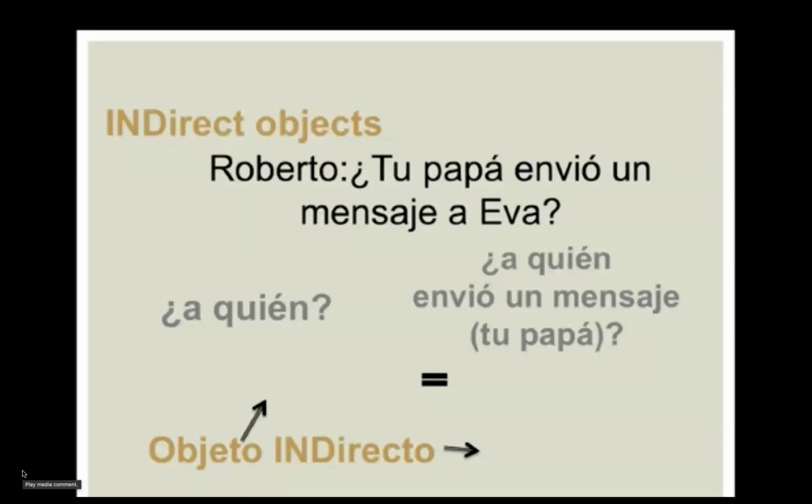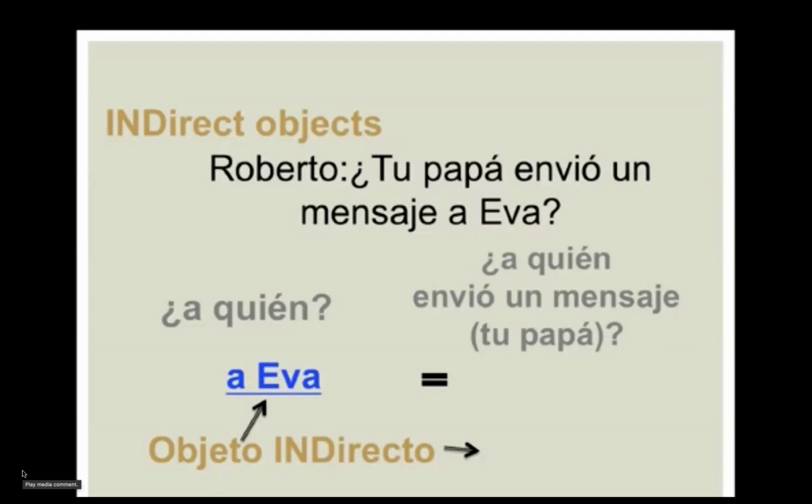If you have an embedded answer to this question in your sentence, then you have an indirect object. In this case, we do. The answer to who did your dad send a message to is Eva, thus being Eva the indirect object. That said, let's look for a pronoun that can replace it.